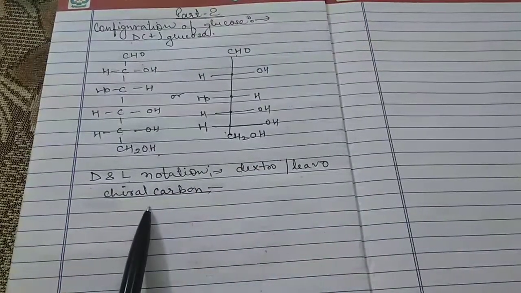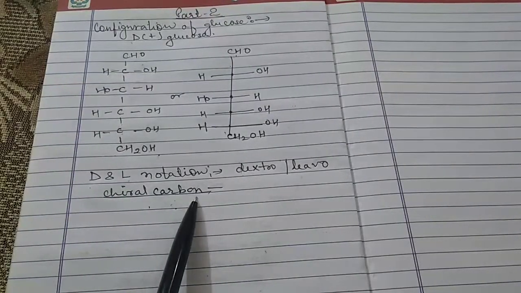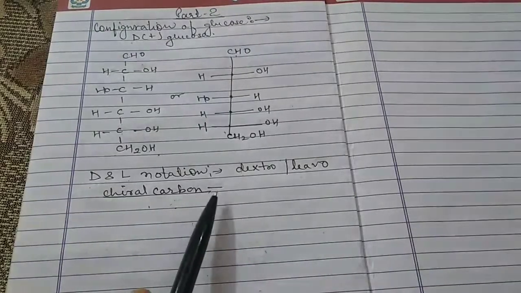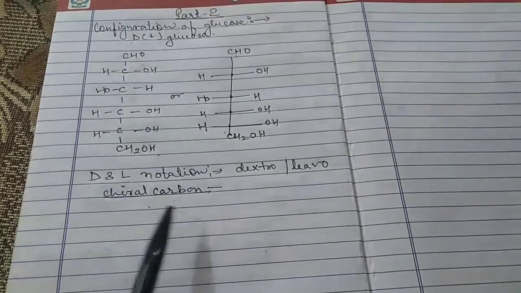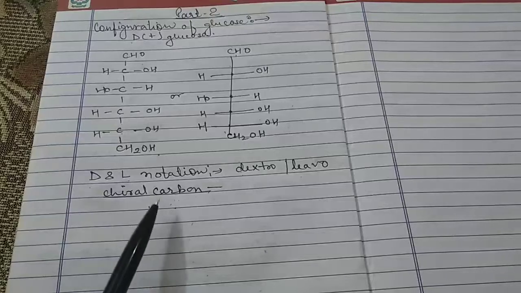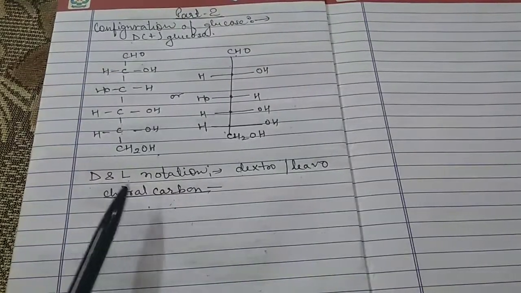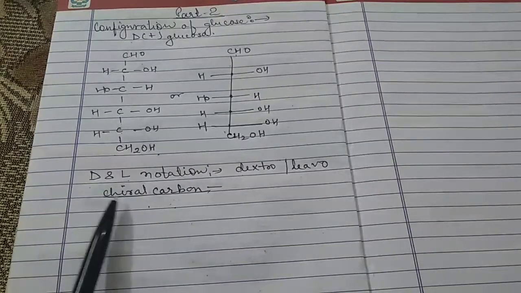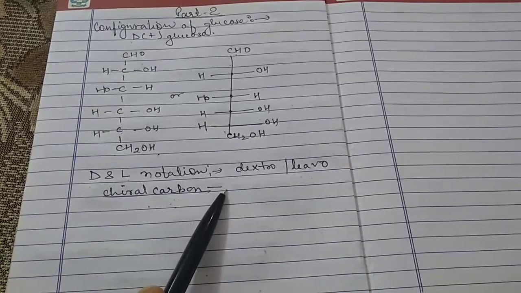So chiral carbon is a carbon atom that is attached to 4 different types of atoms or groups of atoms. Chiral carbon means that carbon atom which is attached to 4 different groups of atoms, that is known as the chiral carbon atom.